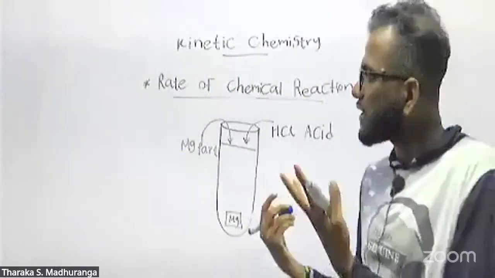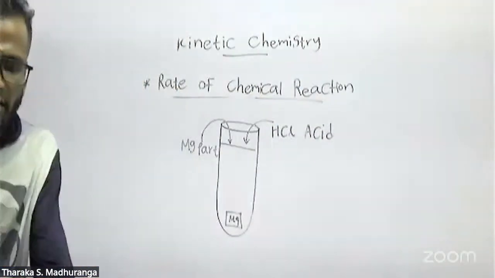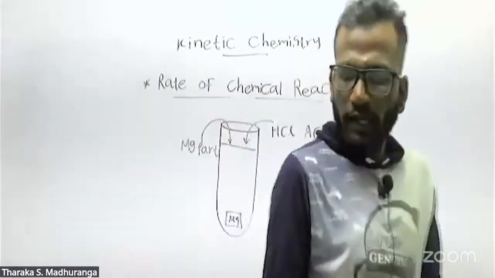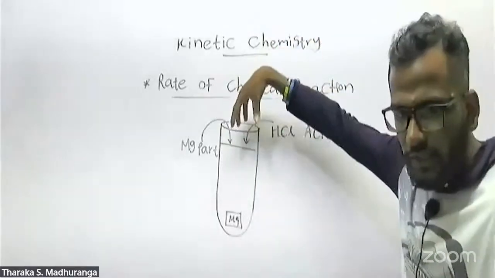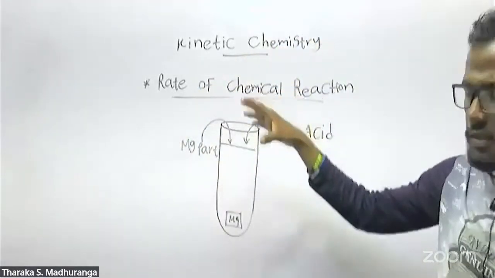Then what happened? Magnesium and HCl reaction. I think you have done this practically in your O-level time. We add HCl and magnesium part.